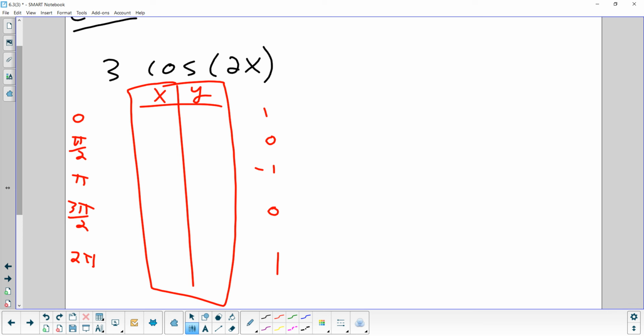Yep, Ethan? Divide by 2. Divide by 2, or that's the same as multiply by 1/2. Can you tell me what you get if you divide all those by 2? 0. We'll have pi over 4. Good. Pi over 2.